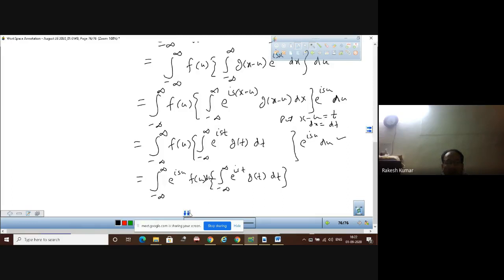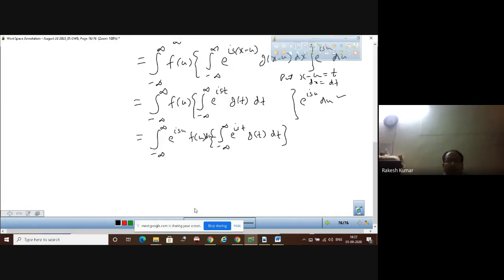By definition of Fourier transform, this is the definition of Fourier transform of f of x, because we can change the variable, or we can also write it in this way also. First, we can change the variable.